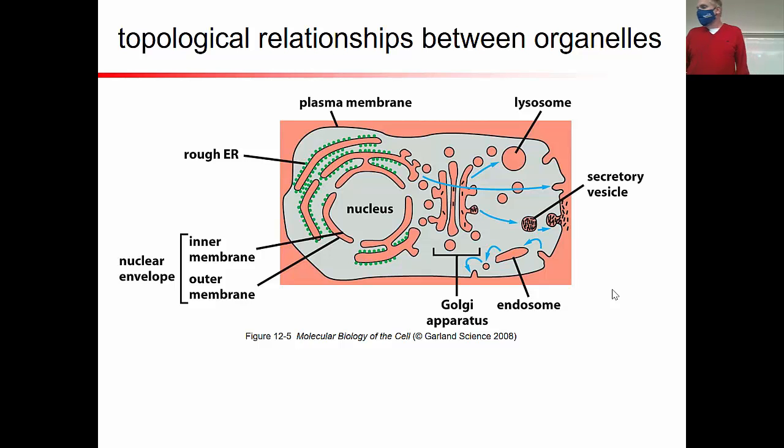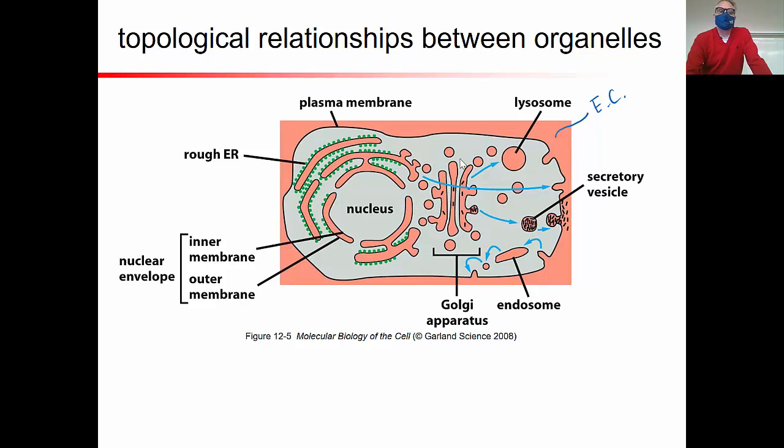So this is something we'll come back to a few times when we're looking at the endomembrane system. And this is this idea of the topological relationships between compartments. So what we've done here is this little square is just representing the outside world, so the extracellular space. And that's shown in this pinkish color.